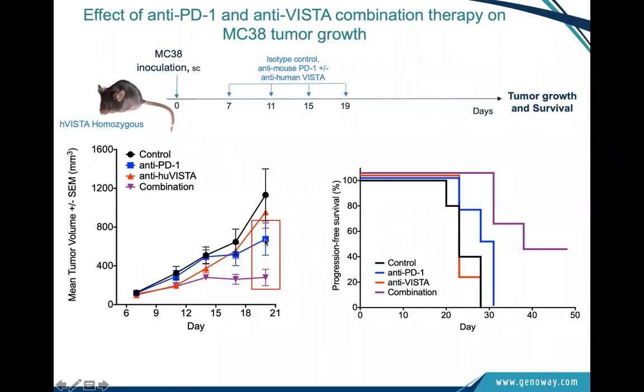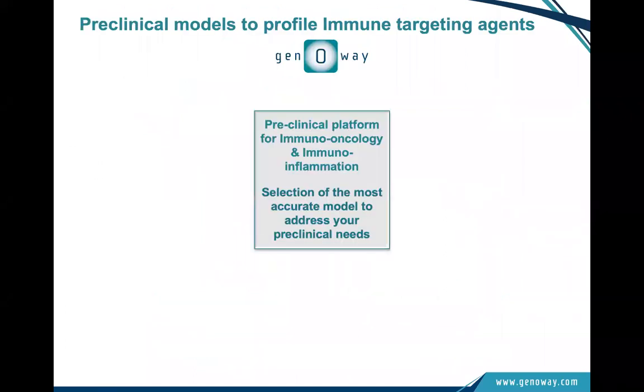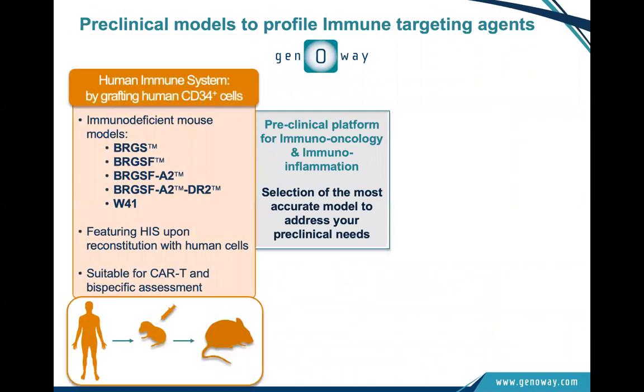here in blue. So as you understand, we don't believe that one model is superior to another. It's really a matter of what you would like to study and what your scientific hypotheses are. You may decide to use the BRGSF model as a recipient model for PDX and CDX.